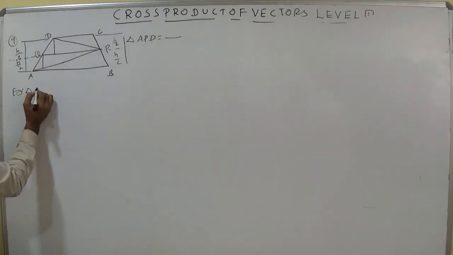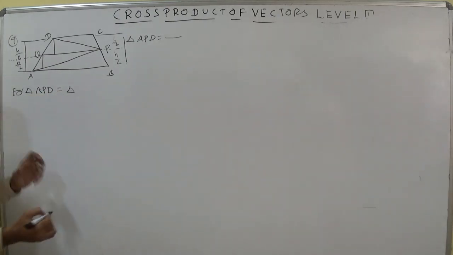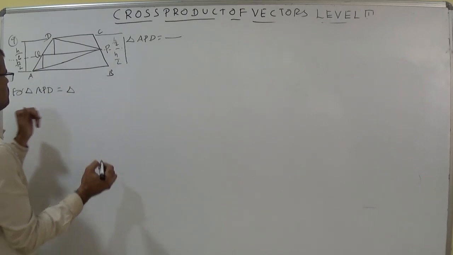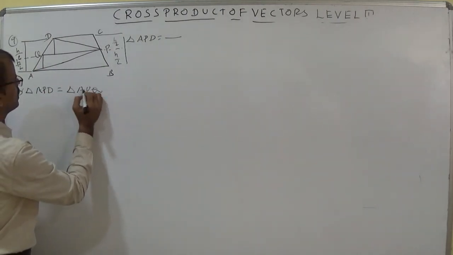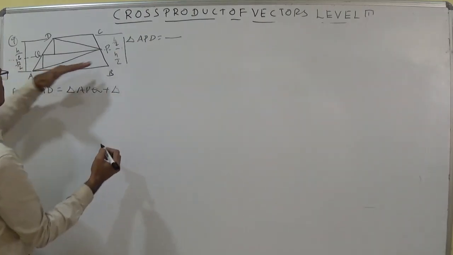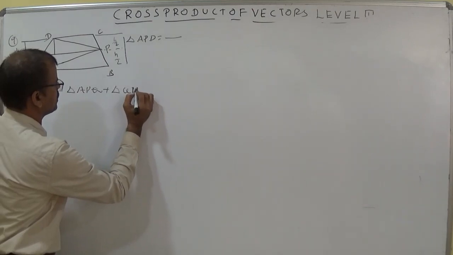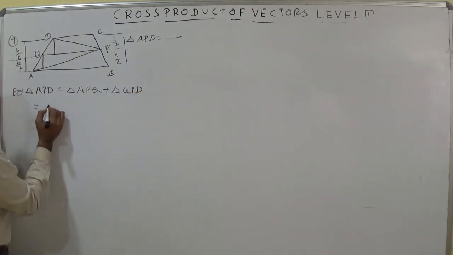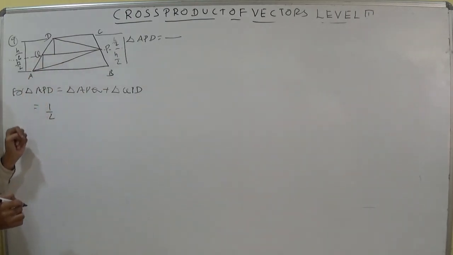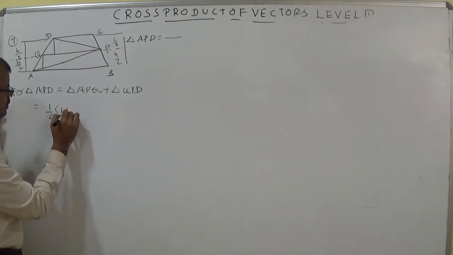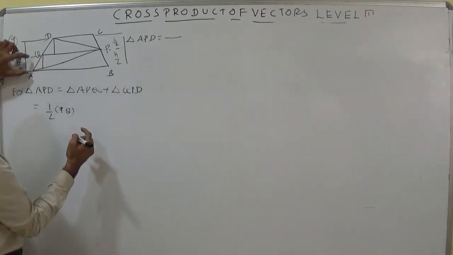For triangle APD, the area of the triangle APD is equal to delta APQ plus the small triangle delta QPD. That implies delta APQ, using the formula half into base into height, is 1 by 2 into PQ into height.